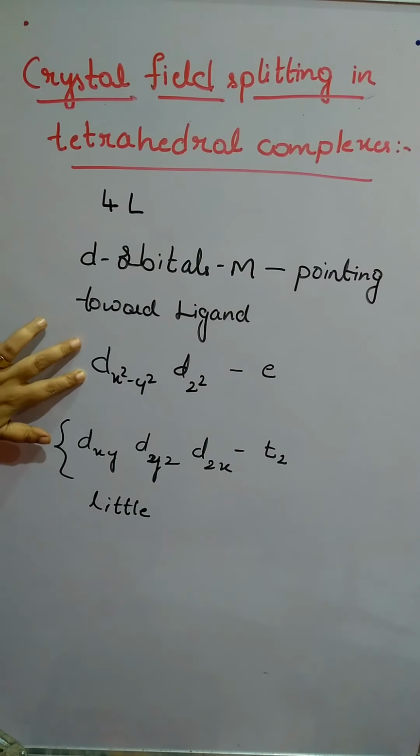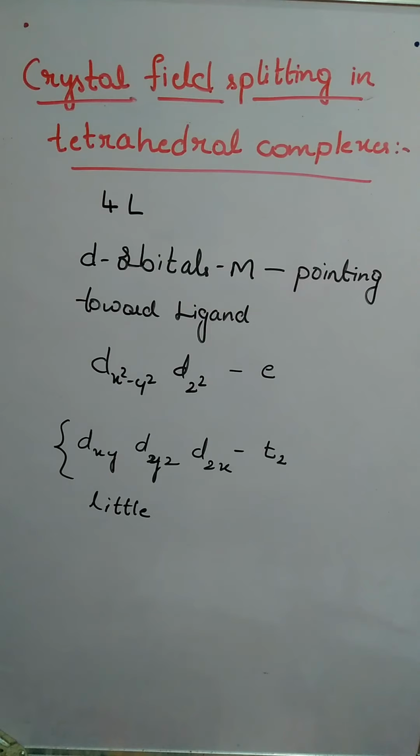So if it is a little closer to these orbitals, they will experience more repulsion. If the repulsion increases, then the energy of these orbitals also increases. If energy increases, it becomes less stable. Where repulsion is less, energy is less, and it is more stable.